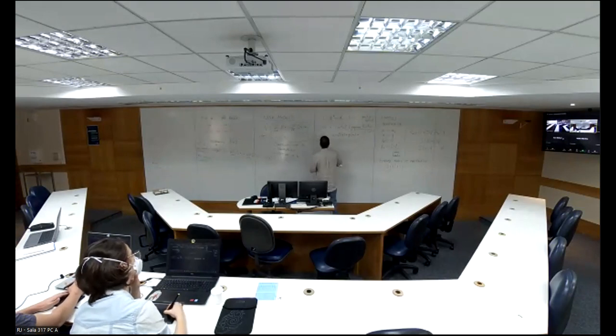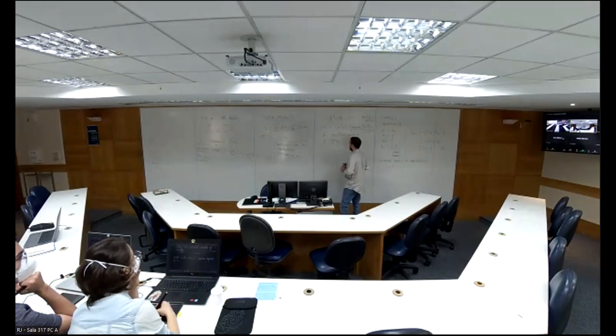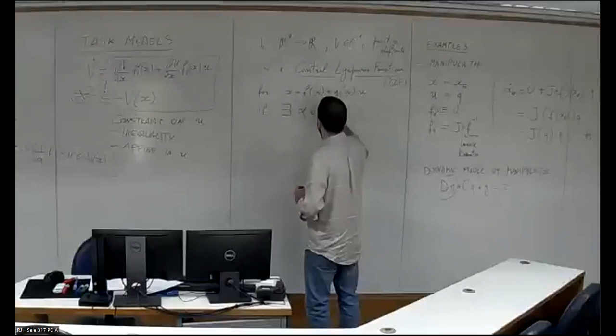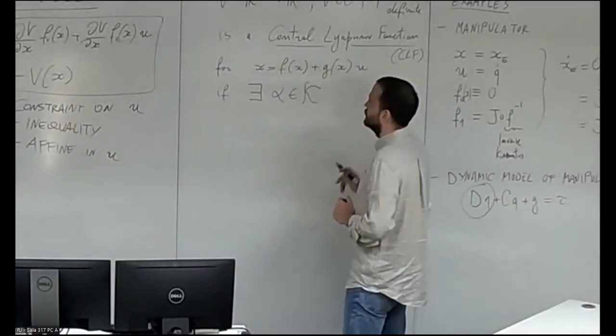In this case, there exists a function, we call it alpha, which is of so-called class K. I'll tell you what this is.